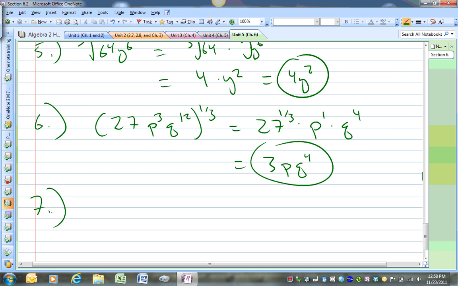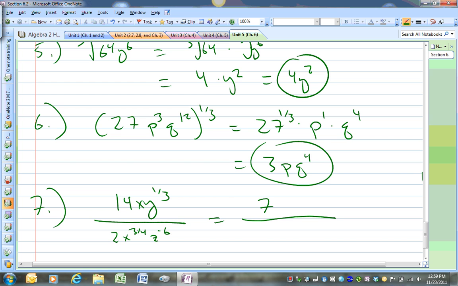Let's look at number 7. Say I have the following: 14 x y to the 1/3 over 2 x to the 3/4 times z to the -6th power. So you will first want to do 14 divided by 2, which is 7.